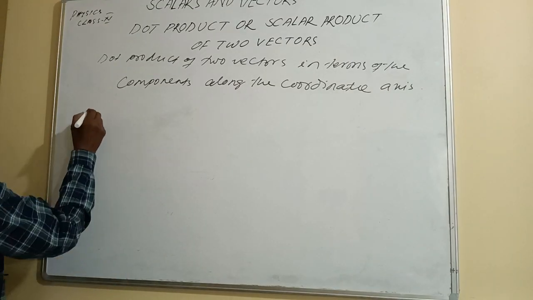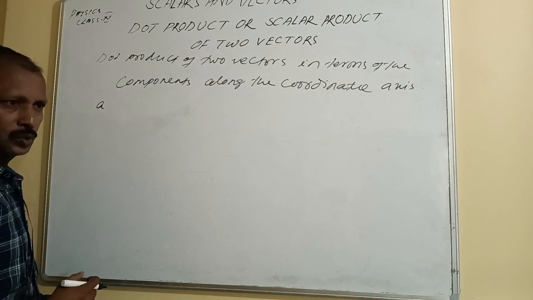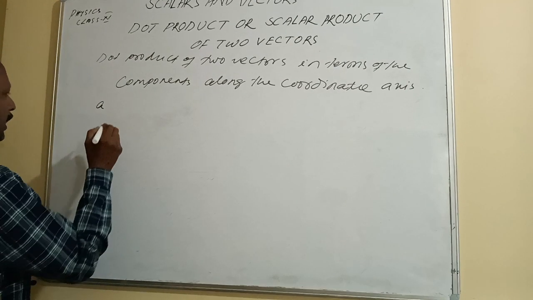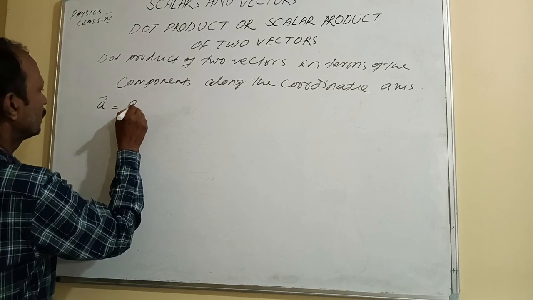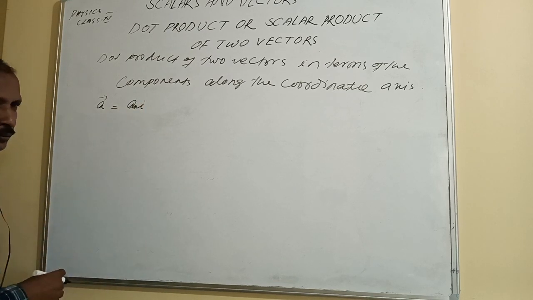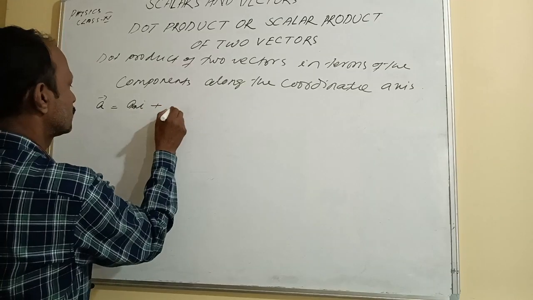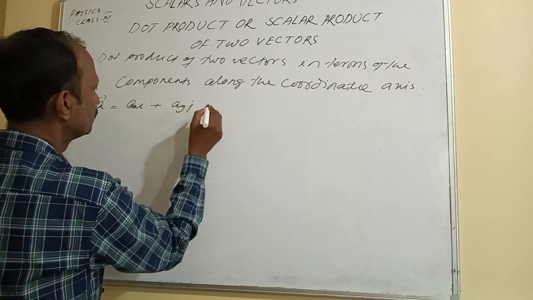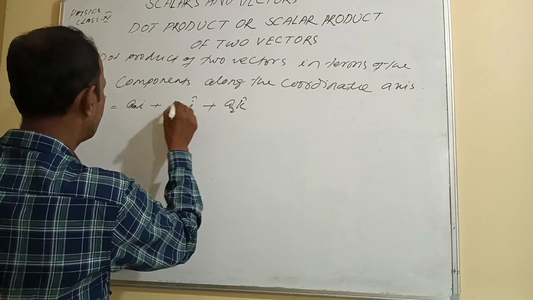Suppose here A is a vector. So I can write that this is Ax i cap plus Ay j cap plus Az k cap.